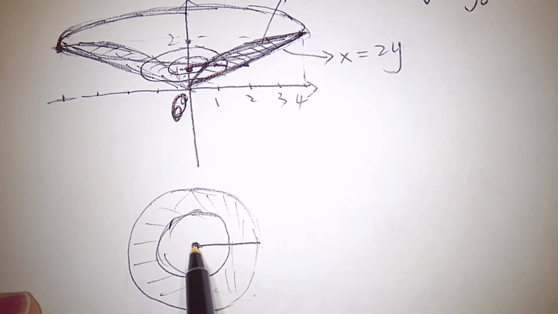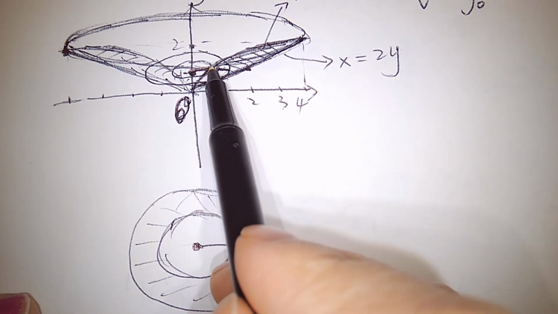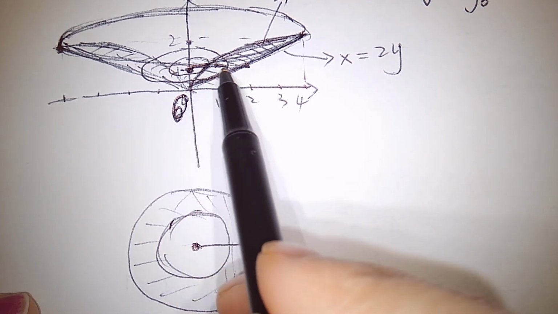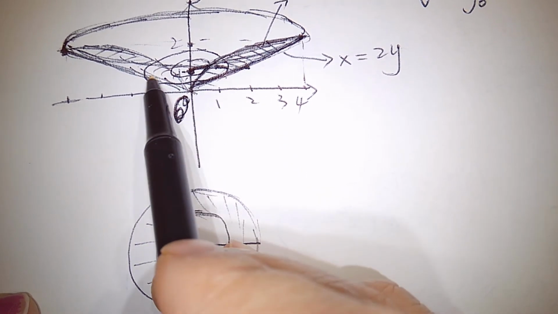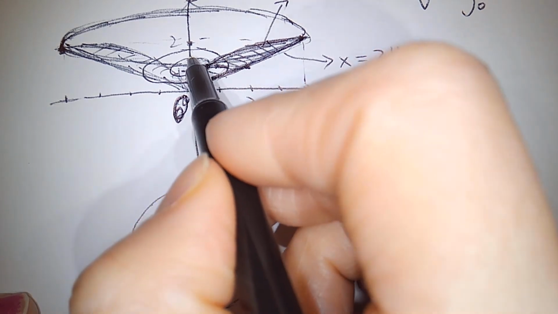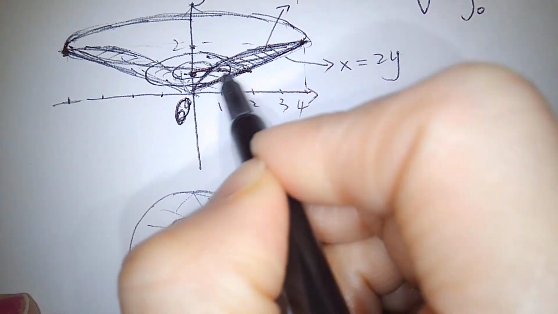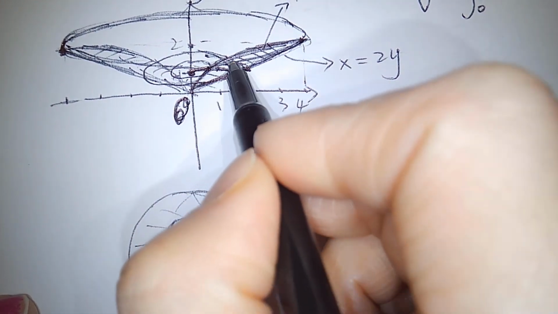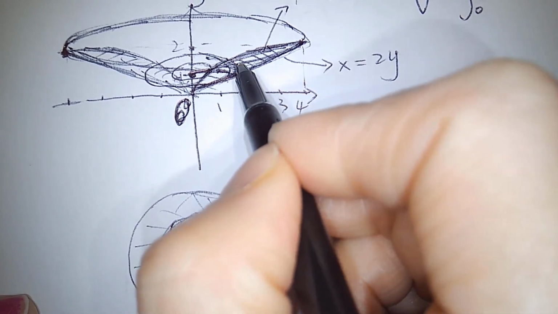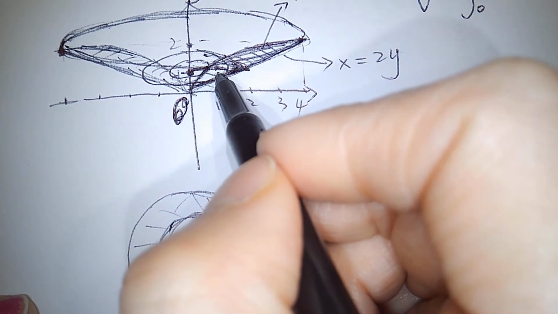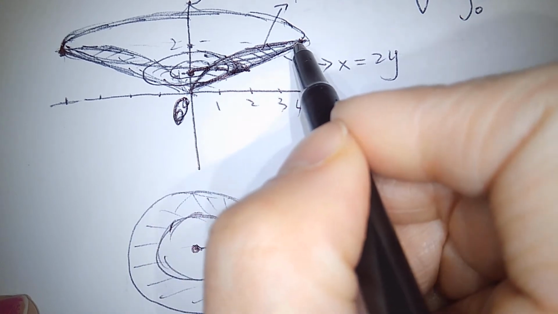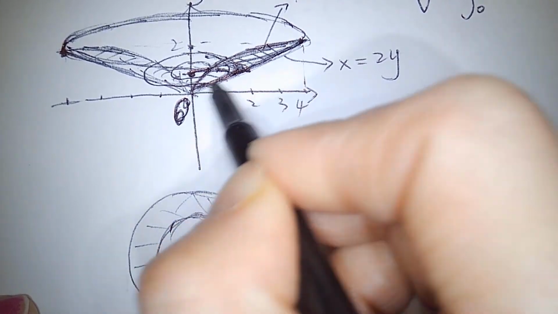So how about the outer radius? We have to use the outer streamline, right?